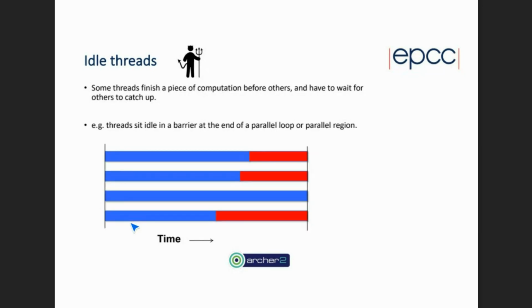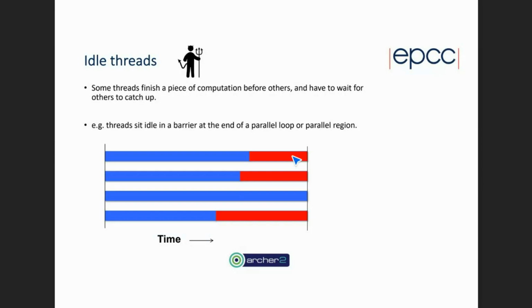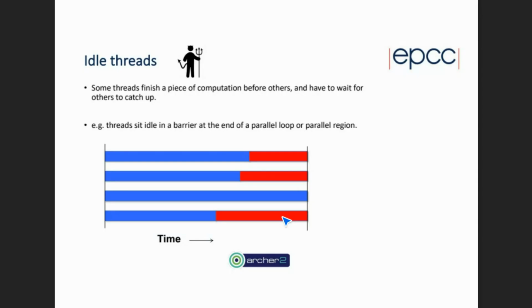It shows 4 threads where the blue is used for computation, and time goes from left to right, from the start of the parallel region to the end. The 3rd thread takes longer to execute its work, which means the other threads are sitting there idle, doing nothing in the barrier at the end of the parallel region, waiting for the 3rd thread to get there. So basically just simple load balancing problems.